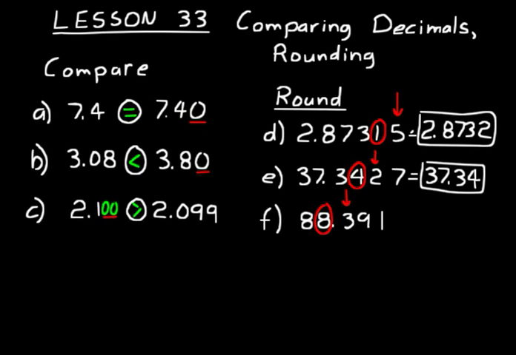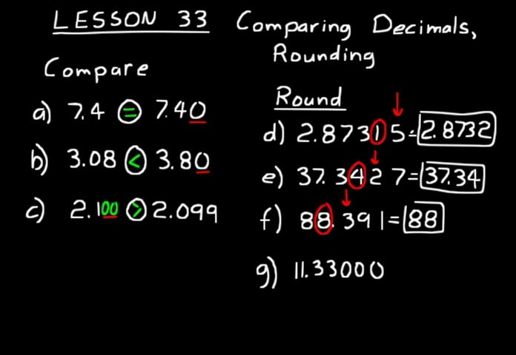Rounding to the nearest whole number would give us 88. Anytime you hear the words whole number, that means you don't have any fraction or decimal after it. Because remember, decimals are fractions, right? They're not a whole number. They're a part of a number, or a fraction of it.